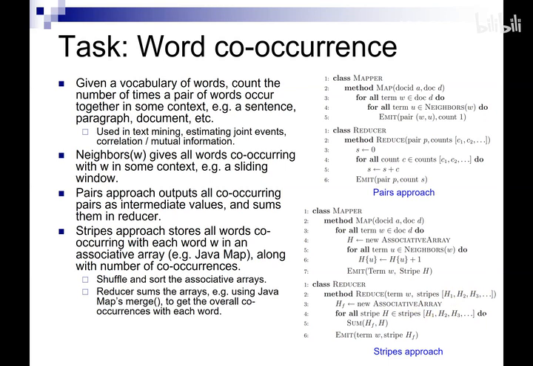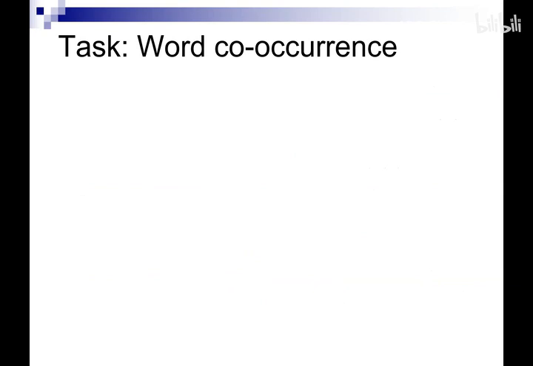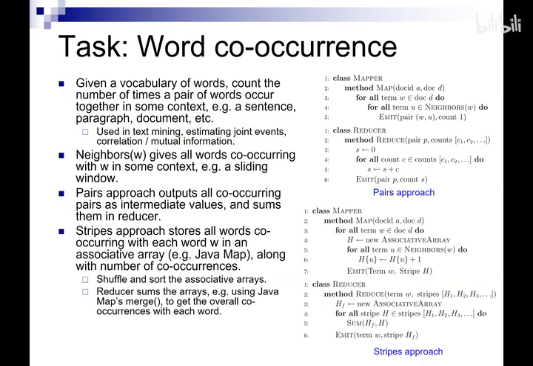For example, if we're using this Java map, then that library has this merge function that can take several arrays and combine them. After we combine them, we can get a count of how many total occurrences there are with this word and different other words in the pair. Okay, so those are the two approaches.